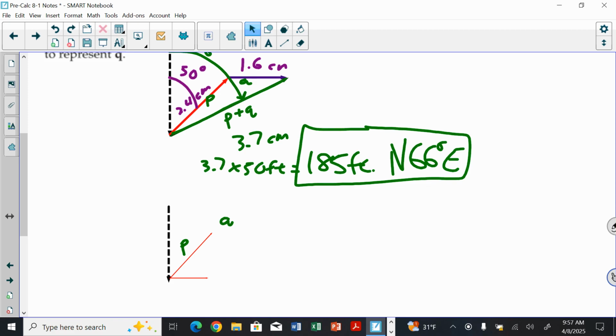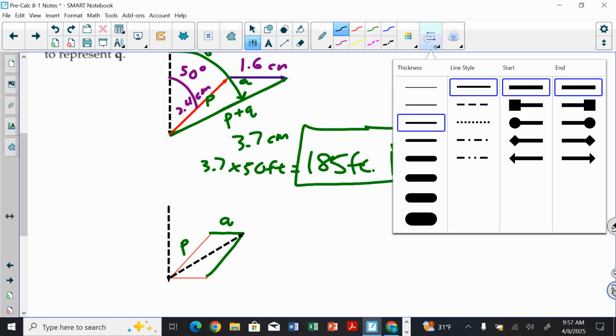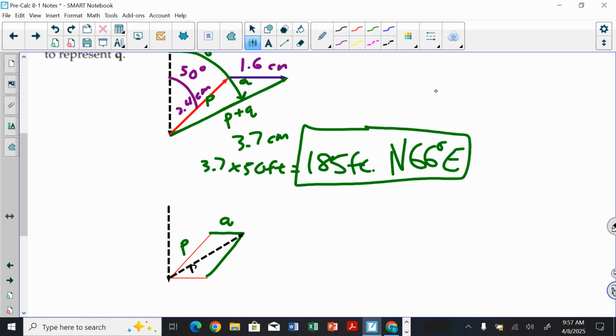Now I'm just going to sketch it to show you the line here and then the line here to complete the parallelogram. And this distance here becomes your P plus Q, okay?